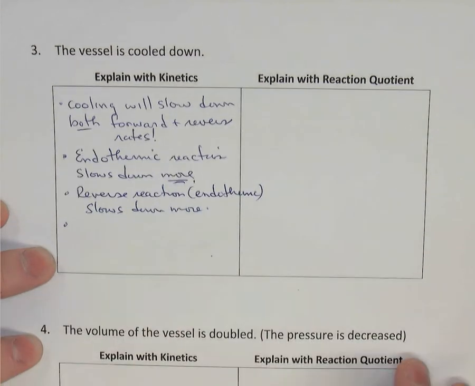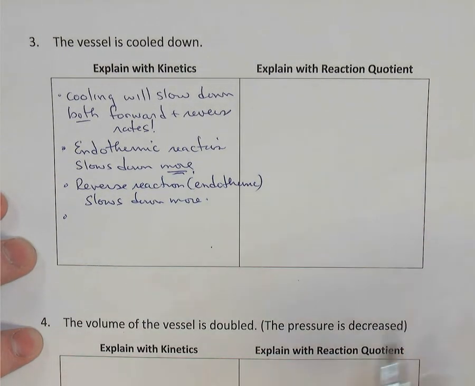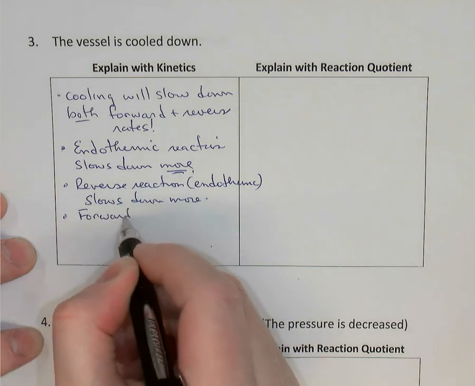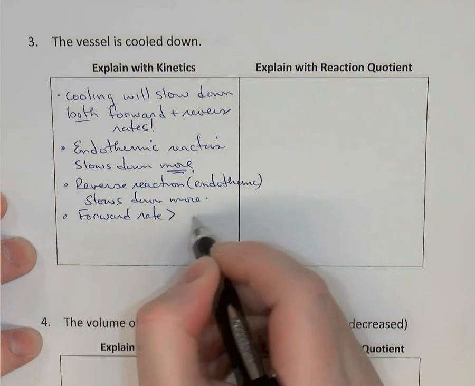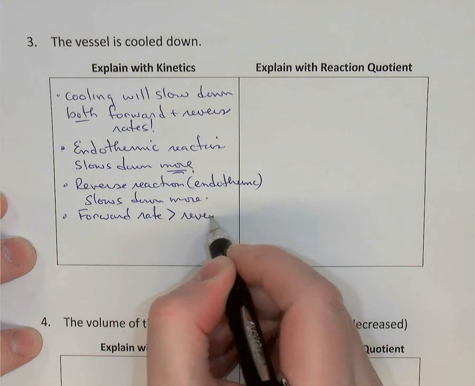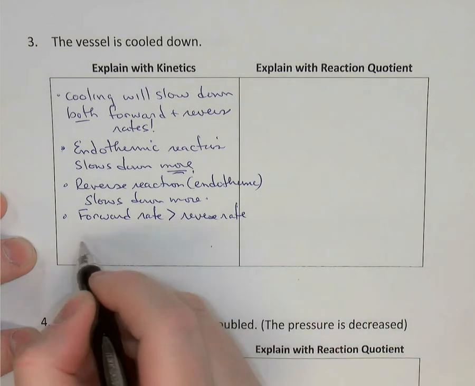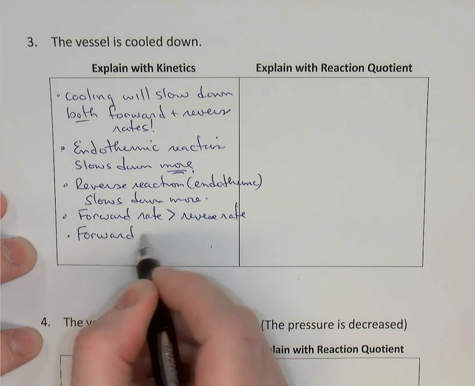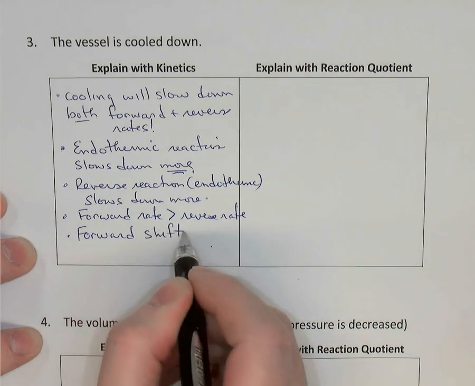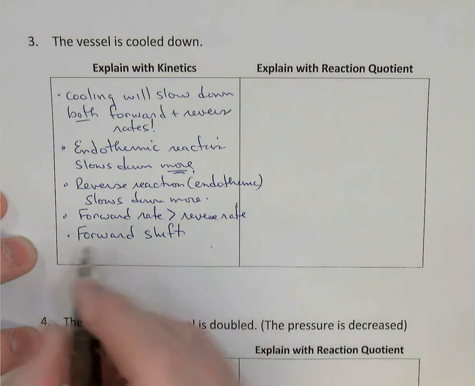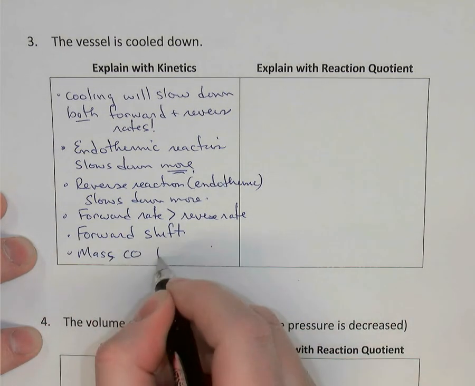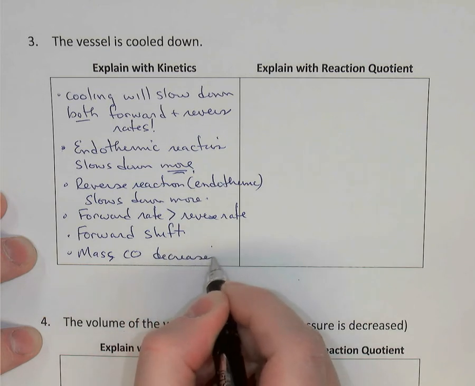So now that the reverse reaction is slowed down more, the forward rate is bigger than the reverse rate. As a result, we get a forward shift, and this is the third time we're seeing that. In a forward shift, the mass of carbon monoxide decreases.